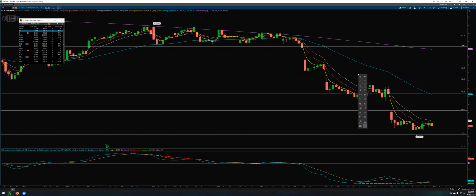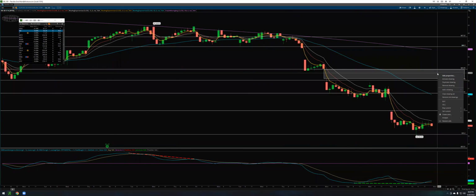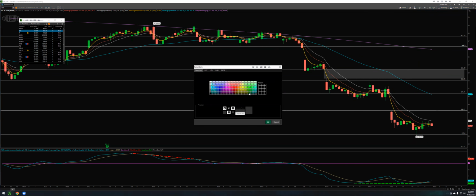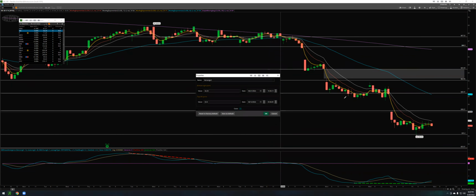You can even draw a gap if you see that you have gaps. It's good to identify the gaps and color them, right? Let's color it this way. We have a gap there, so we know that there's a gap.